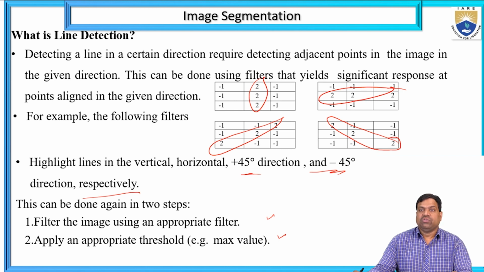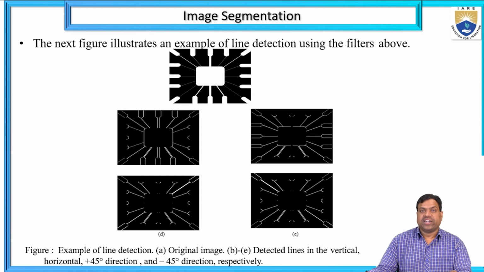This can be done using filters that yield significant response at points aligned in the given direction. These highlight lines in vertical, horizontal, plus 45 and minus 45 respectively, by filtering the image and applying a threshold, that is, a maximum value.